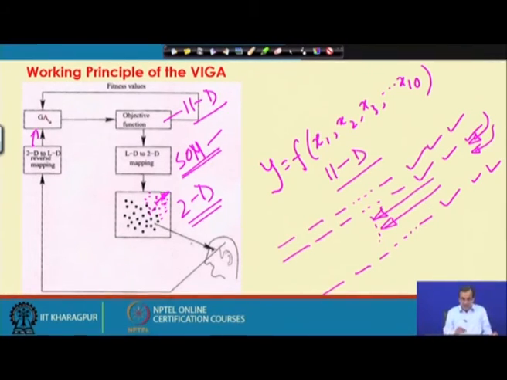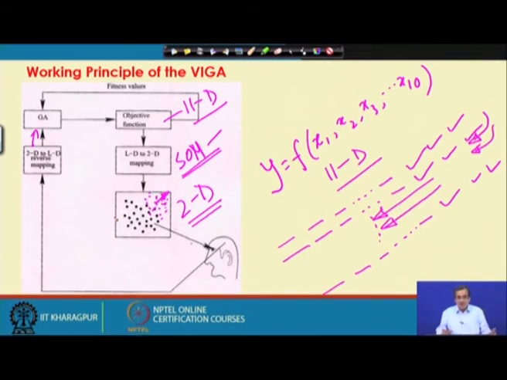Now, by doing this, what we are doing is helping the GA to concentrate its search in a particular region where there is a possibility that you will be getting some globally optimal solution, and unnecessarily you do not concentrate on the other region. That type of information we are giving to the GA, and that extraction of the information we do using the problem information or the information of the objective function.